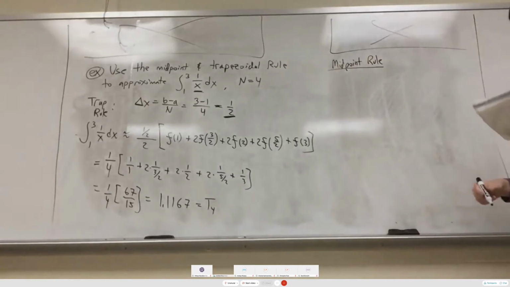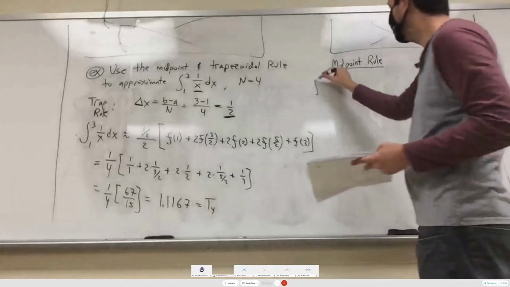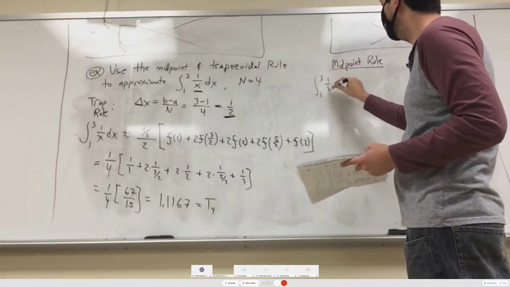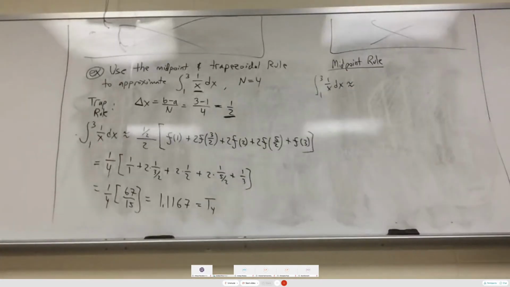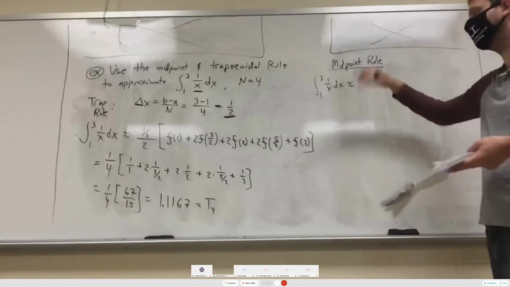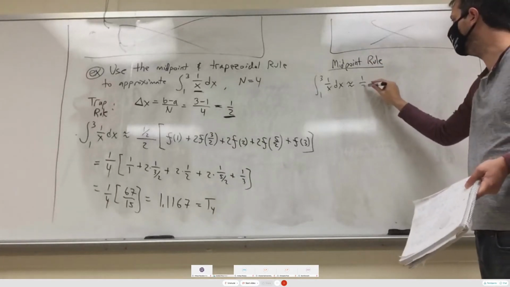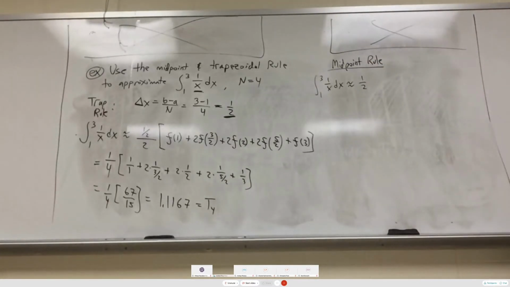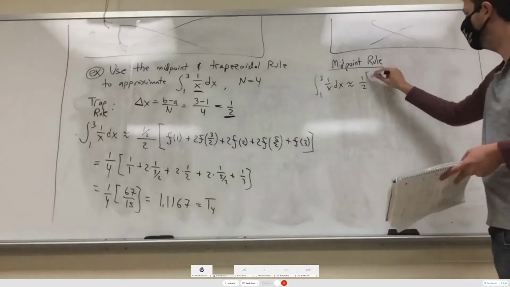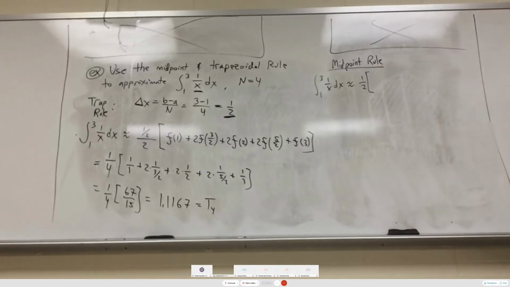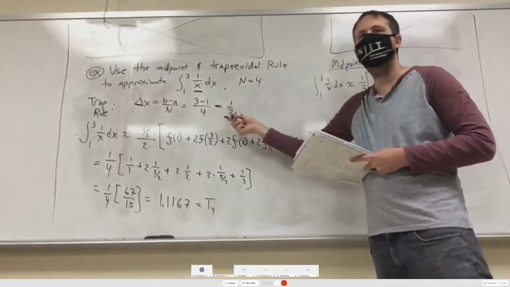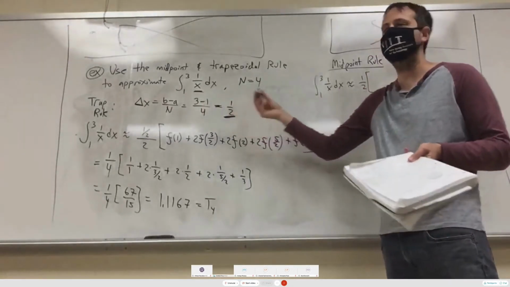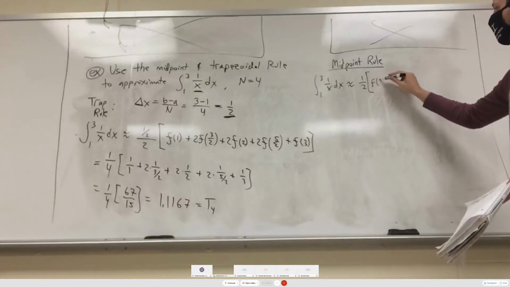So the midpoint rule says the following. The integral from 1 to 3 of 1 over x dx is approximately equal to delta x, which is 1/2, times all of the midpoints of each of the intervals. The first interval goes from 1 to 1.5, so the midpoint of it would be f of 1.25.